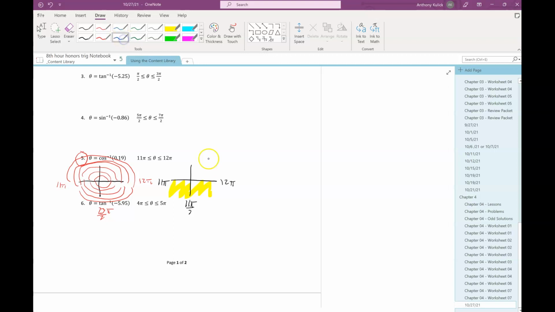I'll go to all silly turtles crawl. So between quadrants 3 and 4, where's cosine positive? In the 4th quadrant. So that's where I'm going to draw my theta. Now, I'm not going to draw all the loops around because it was going to get too messy for me.